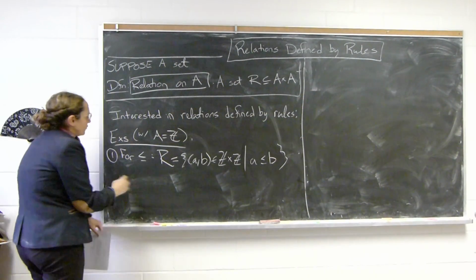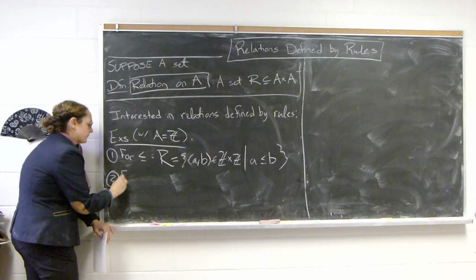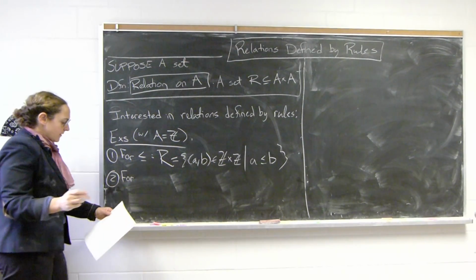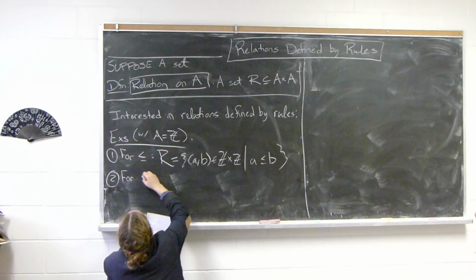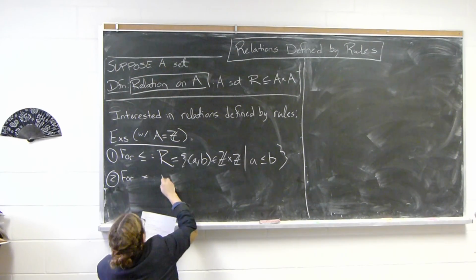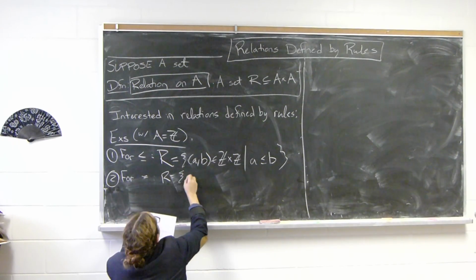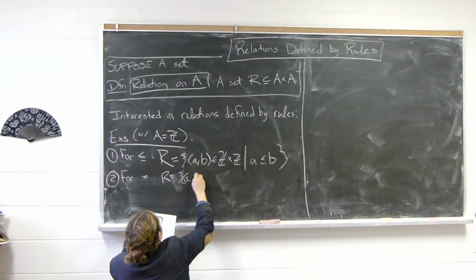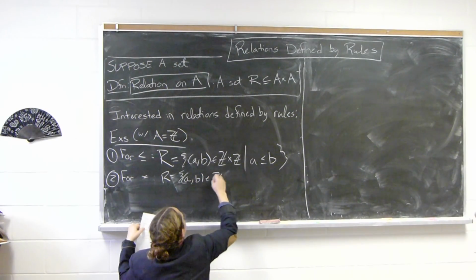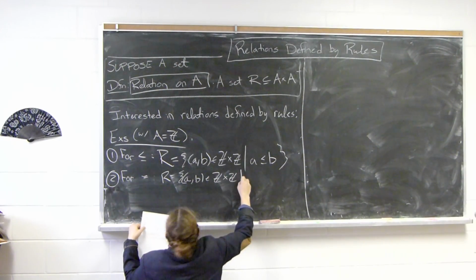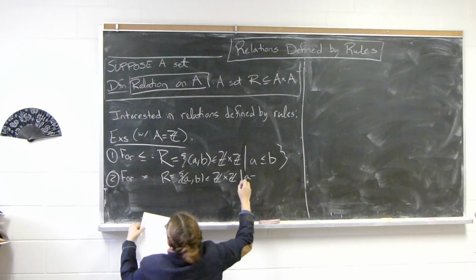And then 2, for equals, I have R equal to the set of all (a, b) in the Cartesian product such that a equals b.